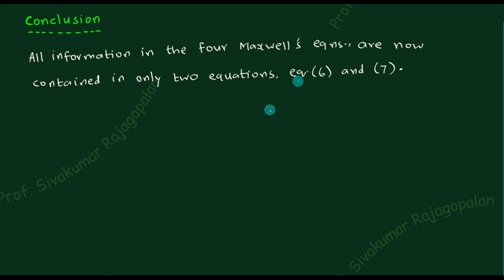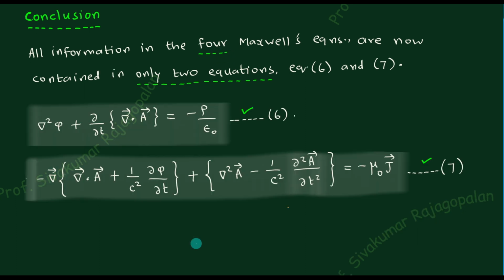To see all these things in one place, let me bring equation number 6 and 7 here so that you can see them. Whatever two equations you have, I'll copy them here. Now you will be able to see what I'm trying to say. You can visually see second order derivatives here.